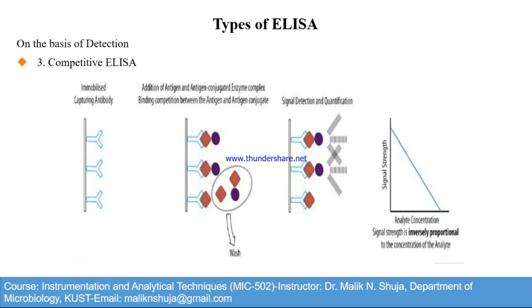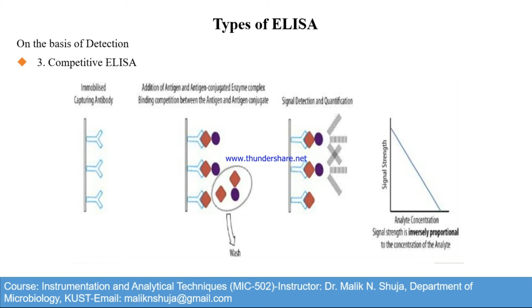The third type on the basis of detection is the competitive ELISA. The word competitive indicates a competition between two things, A and B. This competition may be between two types of antibodies, one a simple antibody and the other a conjugated or more modified antibody.